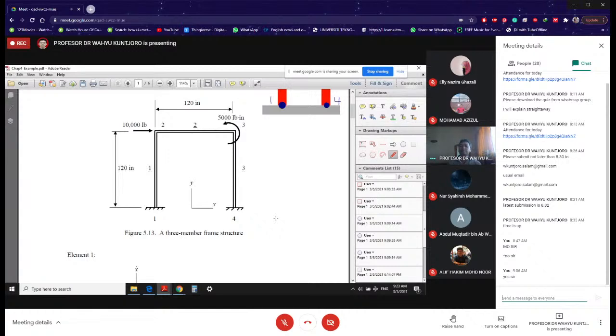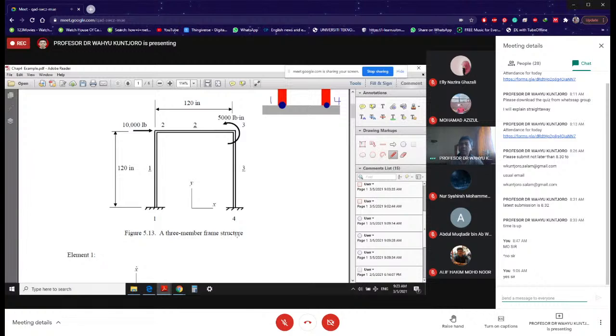After that, you need to introduce the boundary condition, which is going to be at node 1 and node 4. At node number 1, it is fully fixed. That means d1x, d1y, rotation 1, they are 0. If you look at node number 4, fully fixed, so d4x, d4y, and rotation 4, those are 0.